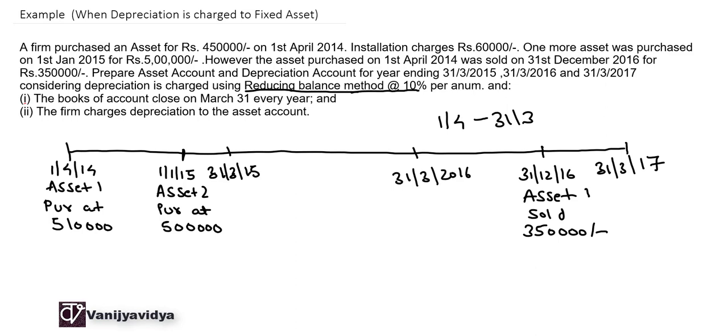Now this is year 1, this is year 2, and this is year 3. And then for every year we need to charge depreciation on the reducing balance method, or we also call it the written down value method.